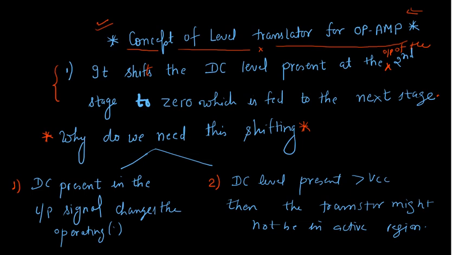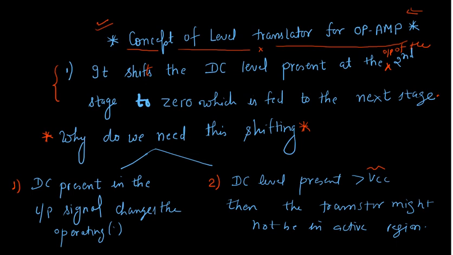And why do we need such shifting? Because DC present in the input signal would change the operating point or the biasing point of the transistor. Correct? And secondly, if the DC level present at the input signal plus the maximum component of AC becomes larger than VCC, then what would happen? Then your transistor might not be in active region, right?